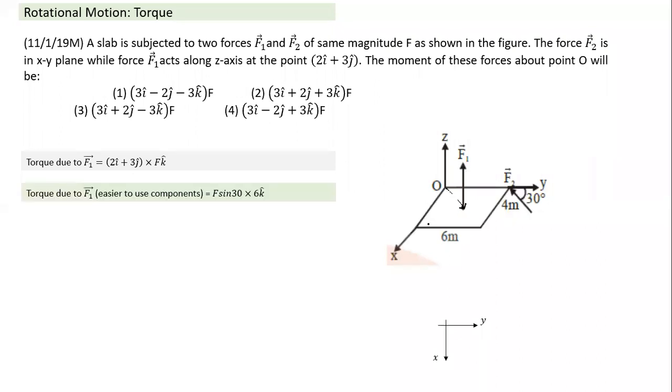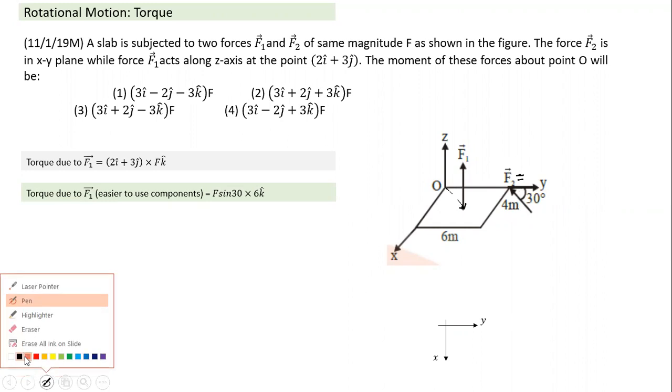Similarly, when we come to F2 here, it becomes a little tricky. So either you need to visualize, or you have to take components here, because there are two ways. Either I can write F2 in unit vector form, or I take components. If I take components, what are the two components here? Let's mark those two components.